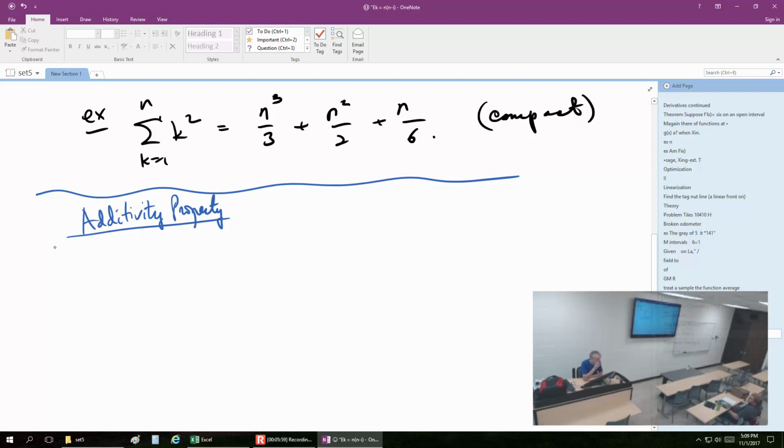What is being added is not the functions, as in the sum rule, but rather the domains of integration. So domains are added.